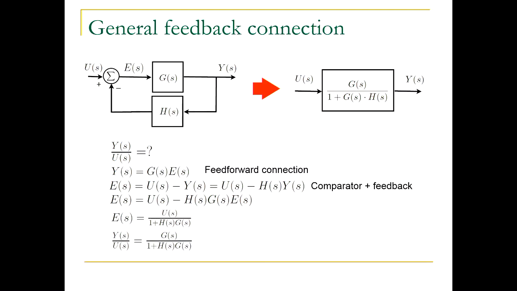This is often useful when you're dealing with true systems because one transfer function may be your plant, another might correspond to an actuator, another might correspond to a sensor. So you have to be able to connect all these things into a simple transfer function, which is often the starting point in the design and analysis.